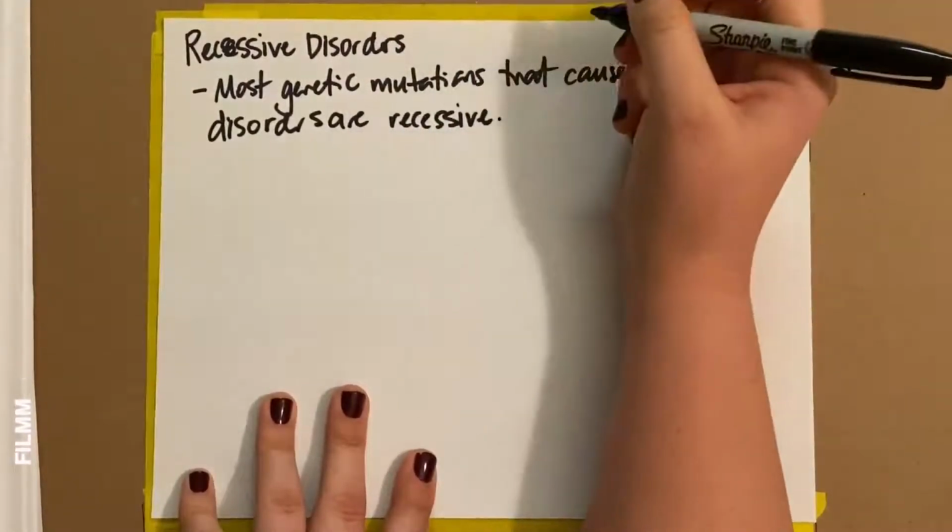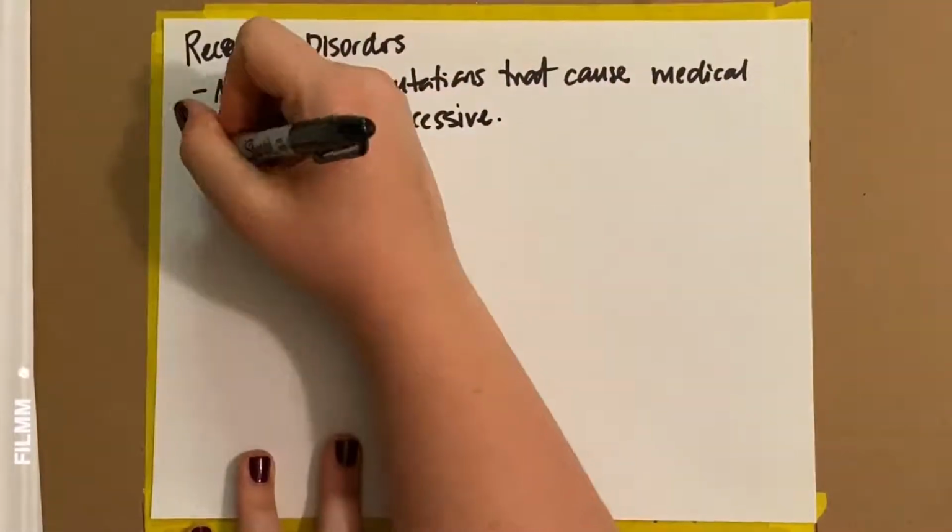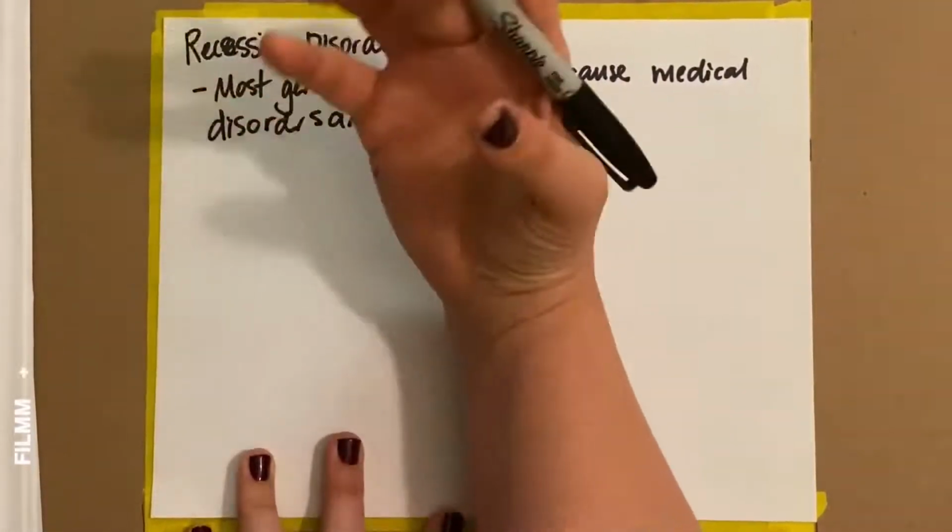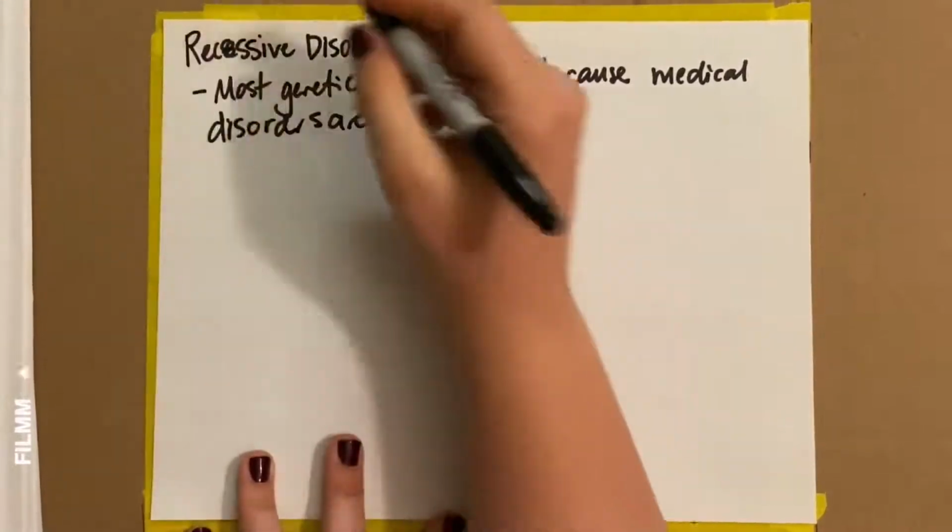And what this means is that individuals that have the recessive allele but don't have the actual disease are going to be called carriers.